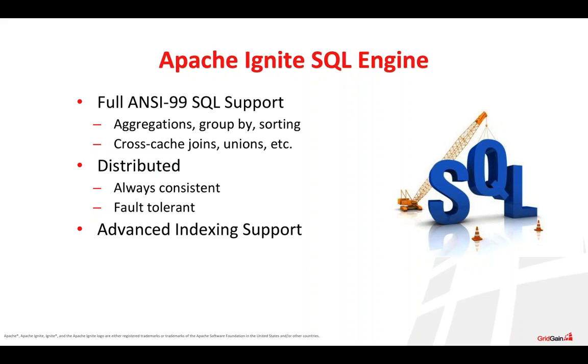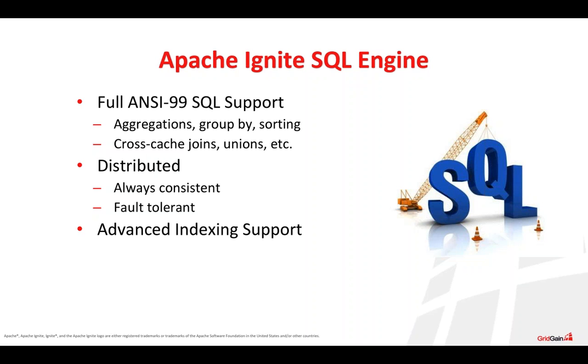And here, as it's shown on the slide, in the ANSI 99 SQL specification, you can make sure that all the aggregations, group by or sorting clauses are supported. As well, joins and unions are also in the scope of the Ignite SQL engine.